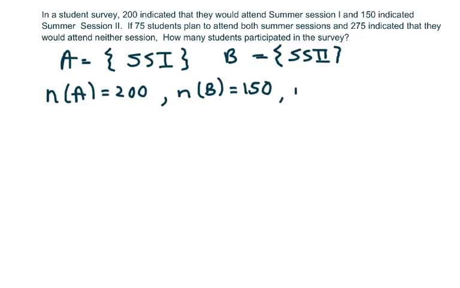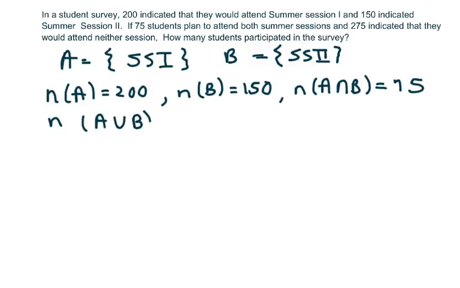The ones who are going to attend both, the intersection of A and B, is 75. And the number of the ones who are not attending either A or B, the complement of A or B, is 275.